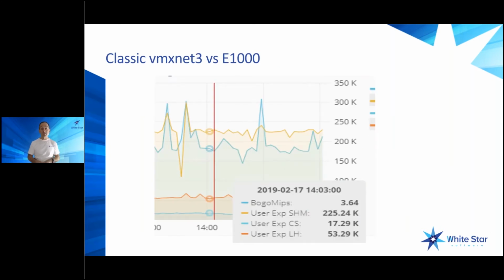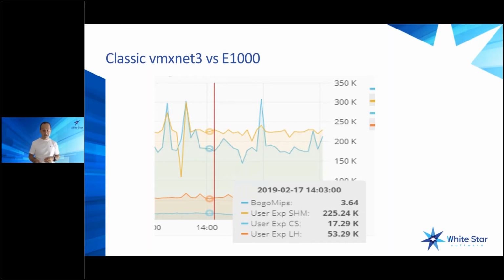Another classic one: there was a time when people were doing physical to virtual migrations, P2Vs, or they were just incorrectly setting up their virtual machines on VMware, and they were putting in these E1000s, which is the default Intel NIC, in these virtual machines. And it was just horrible, horrible, horrible performance across the network.